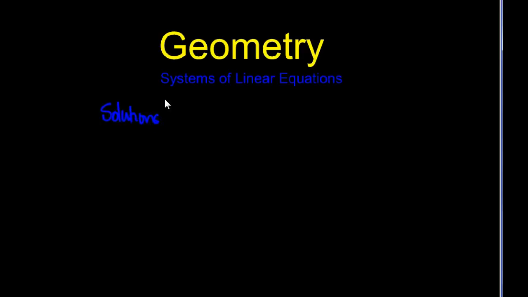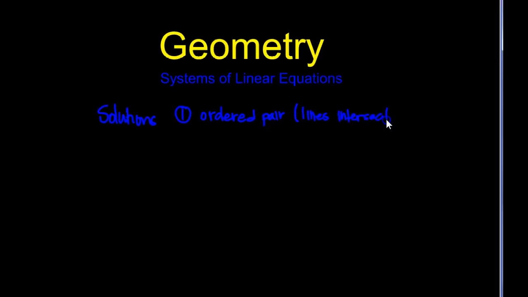All right, so for the solutions to a system, we can have three options. We can have an ordered pair for the solution. So what would my two lines look like if I say their solution is an ordered pair? Yeah, you're right. If my solution is an ordered pair, that means my lines are crossing. So let's write ordered pair, and let's write lines intersect next to it.